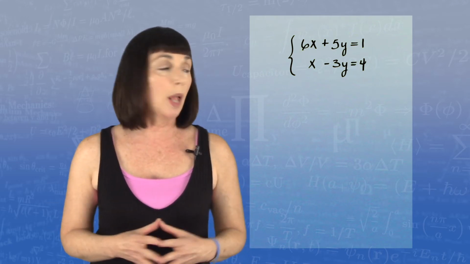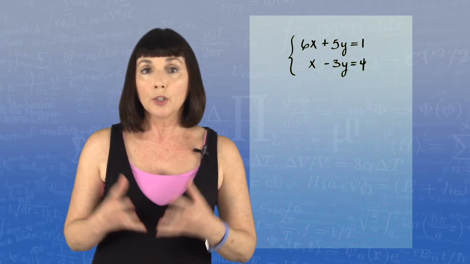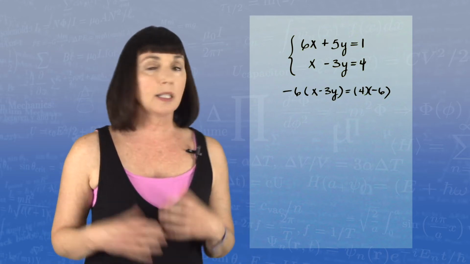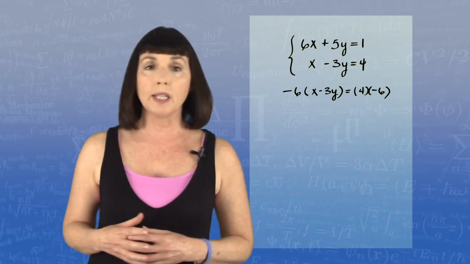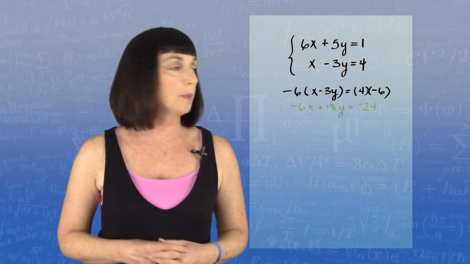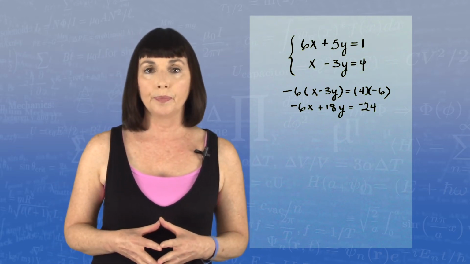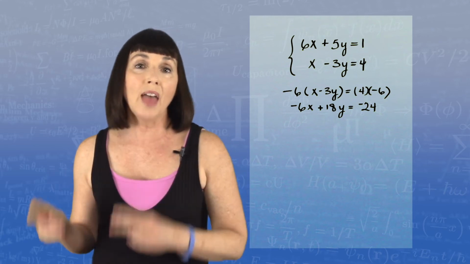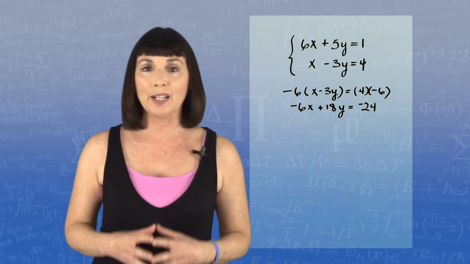Suppose I multiply equation 2 by negative 6. So that would give me negative 6 times quantity x minus 3y is equal to 4 times negative 6. And that gives me negative 6x plus 18y equals negative 24. Now, let's use that equation instead of our original equation 2 and add the equations together.